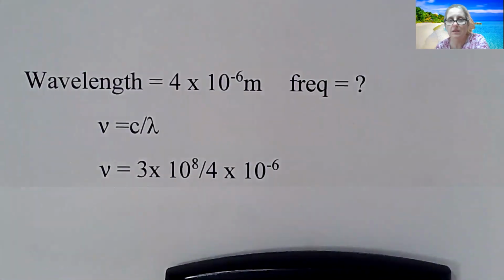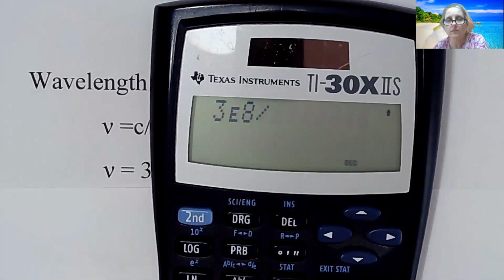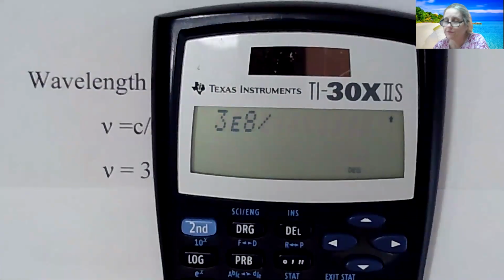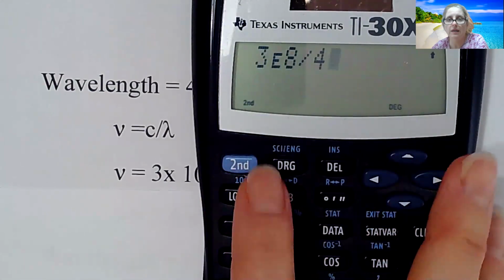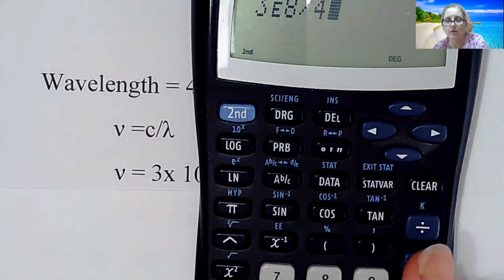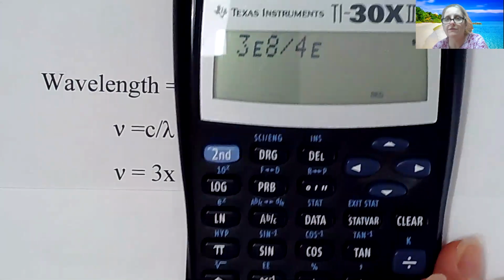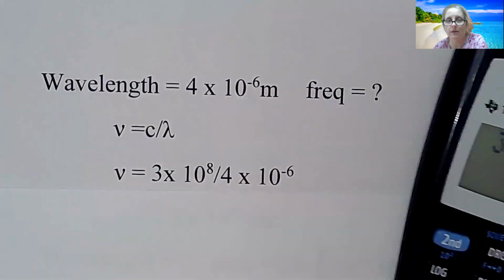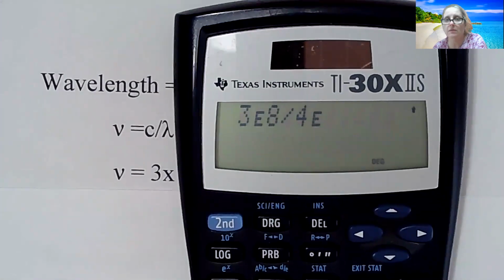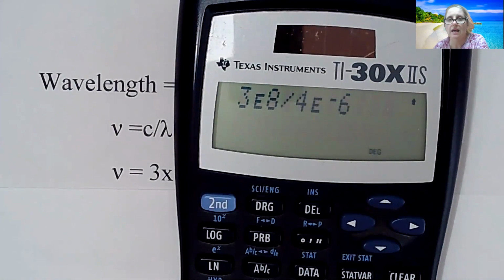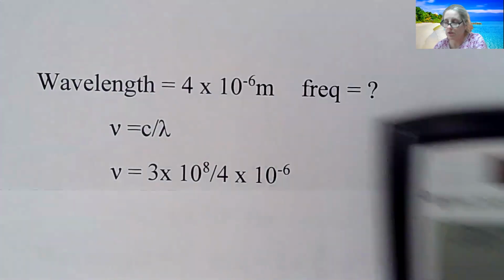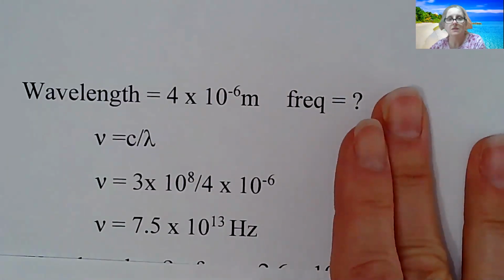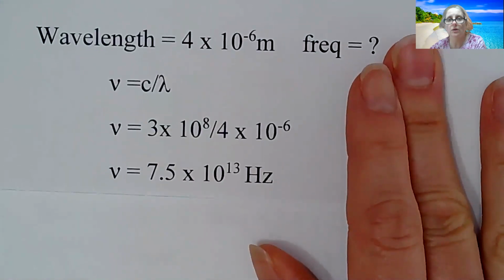Then I'm going to take my wavelength, 4, hit the second function key, the blue key, and the second function is going to come up on the screen, and I'm going to hit the EE function, and the E is going to come up there, and this is negative 6. I'm going to type in negative 6, and hit the equal sign, and it's going to spit out my answer, which is 7.5 times 10 to the 13th hertz, 1 over seconds.